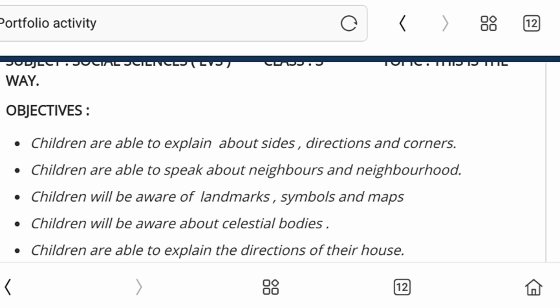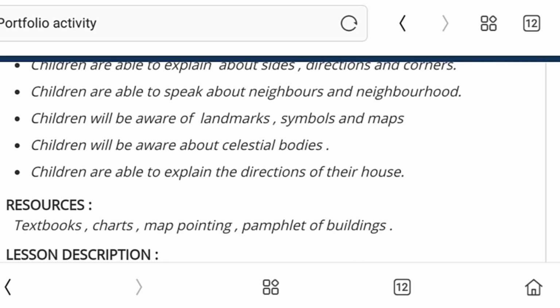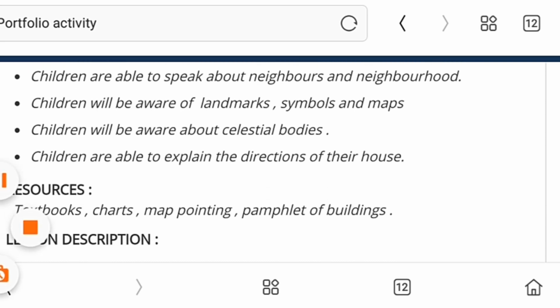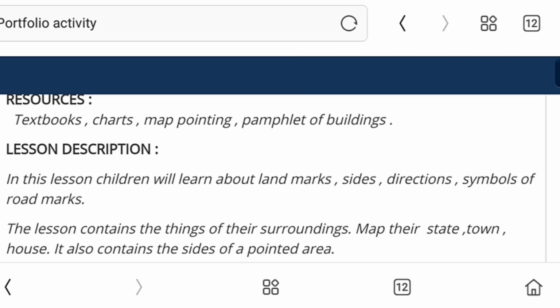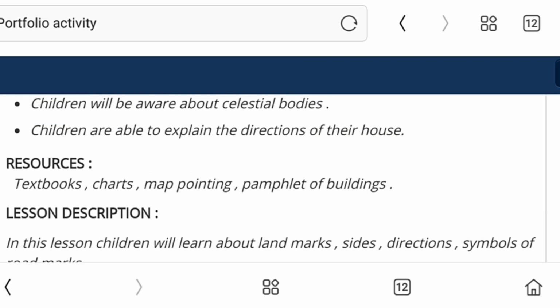Then see the next. So, resources needed for this activity. Material required: textbooks, charts, map pointing, pamphlet of buildings, and so on. Why did I take a pamphlet?